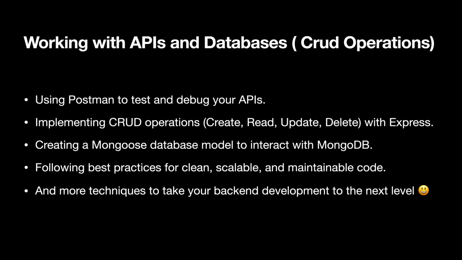Using Postman to test and debug your APIs, implementing CRUD operations with Express.js, creating a Mongoose database model to interact with MongoDB, following best practices for clean, scalable, and maintainable code, and more techniques to take your backend development to the next level. By the end of this section, you will be able to build complete APIs, test them effectively, and connect them to a database with confidence.